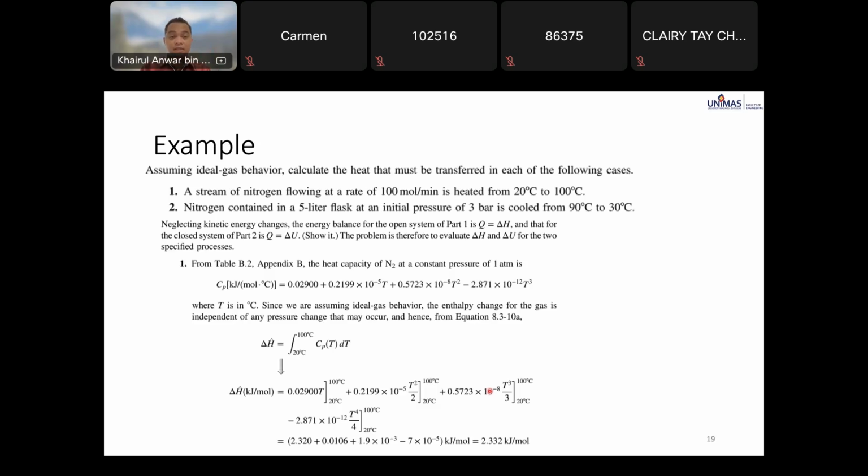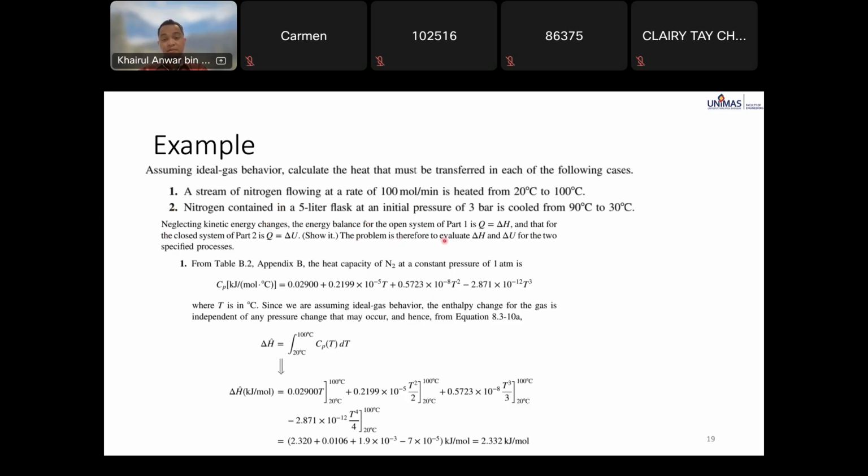Nitrogen contained in a 5-liter flask at an initial pressure of 3 bar is cooled from 90 to 30 degrees C. Neglecting kinetic energy changes, the energy balance for the open system of part 1 is Q equal to delta H. And that for the closed system, the second part, is equation number 2, Q equal to delta U, because this is nitrogen contained in a 5-liter flask, which is an enclosed system.